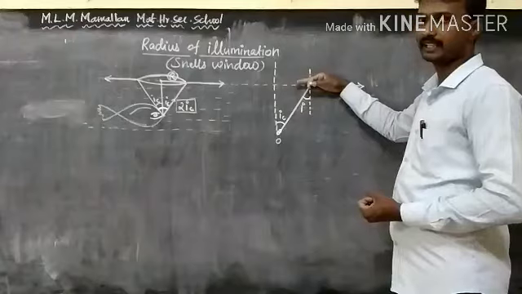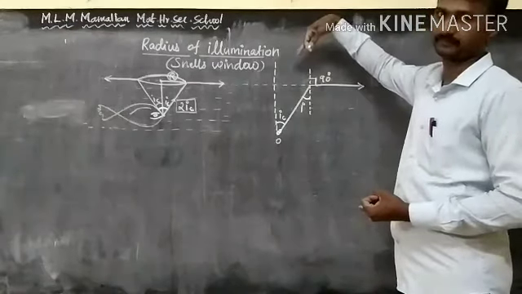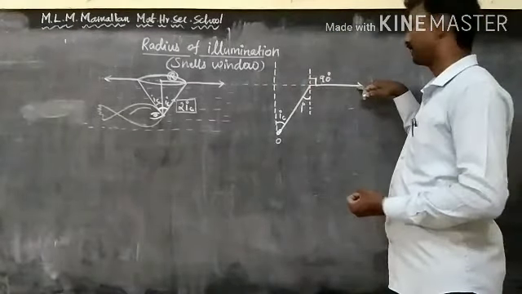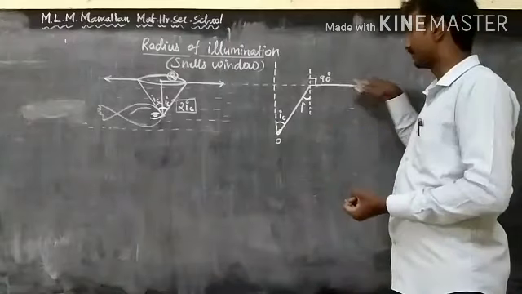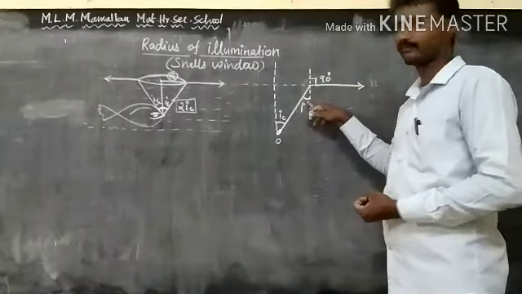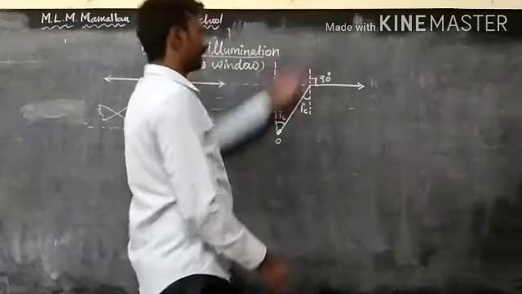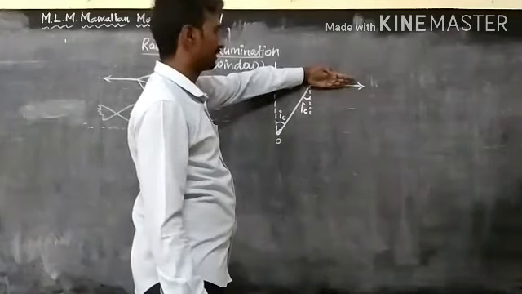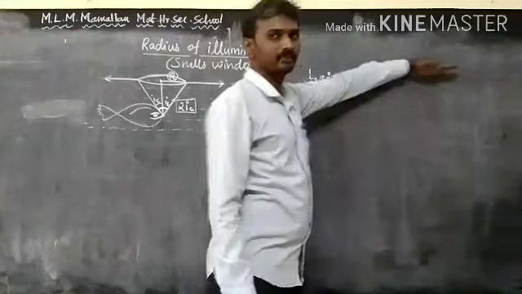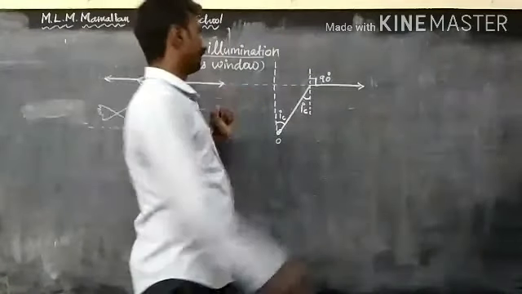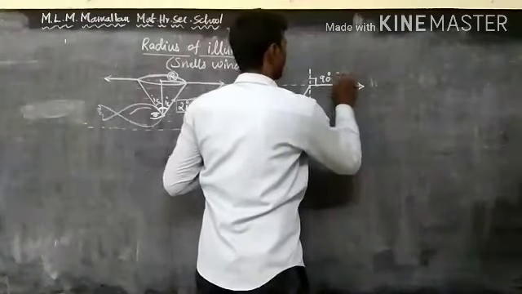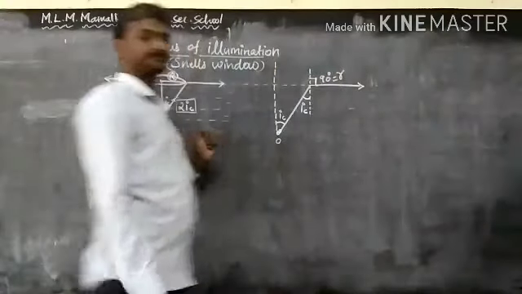Lesser than this critical angle, the light rays are refracted. So this is the point of reflection or refraction, known as the critical angle. For this particular angle, the critical angle IC, the refracted ray grazes the surface of the water. Then the angle of refraction is equal to 90 degrees.